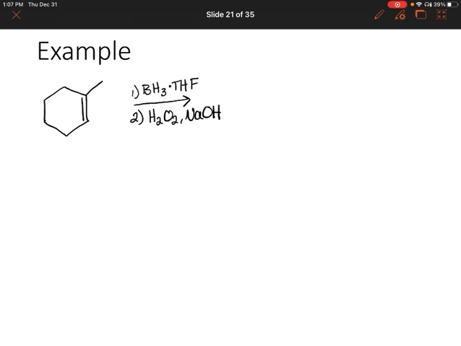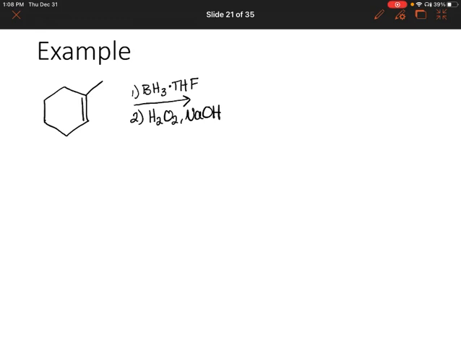All right, so what we'll end up with is water adding across that double bond, and the alcohol part, the OH group, is going to add to the less substituted carbon.